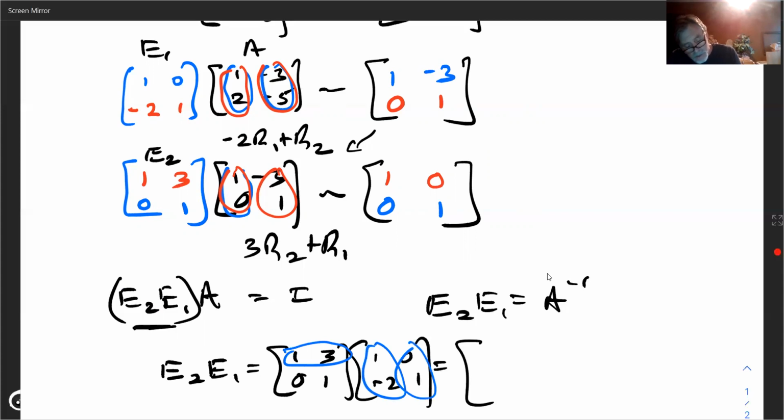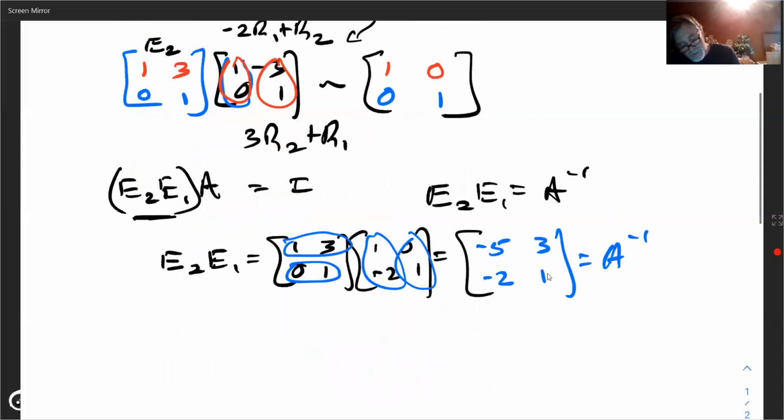So 1 and negative 6 is negative 5, and 0 and 3. And now we're going to go through with the bottom row, and it's going to be 0 and negative 2. And then 0 and 1. And this apparently is A inverse.